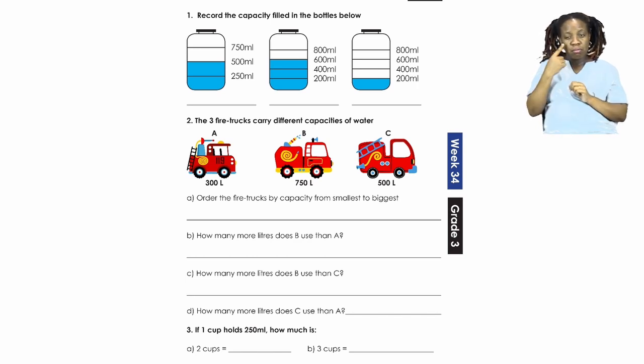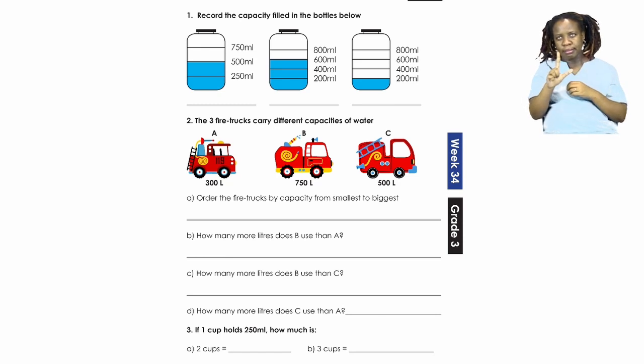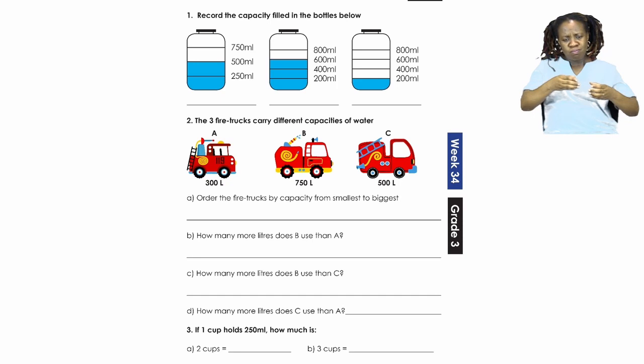You have to look up to see how many milliliters the water is filled to, and then you write it down in the space below. Now, boys and girls, I want you to try and figure out the capacity of each water bottle on your own.